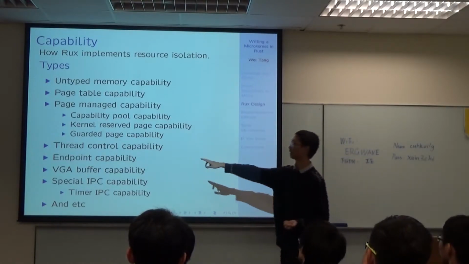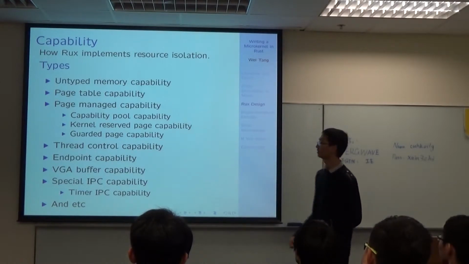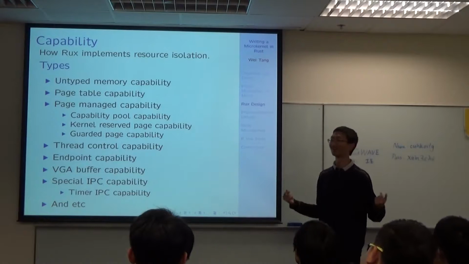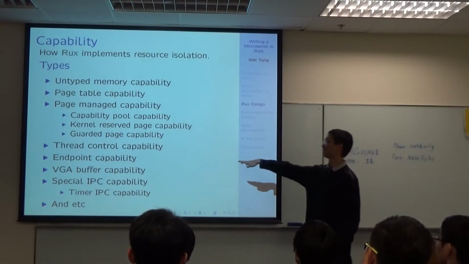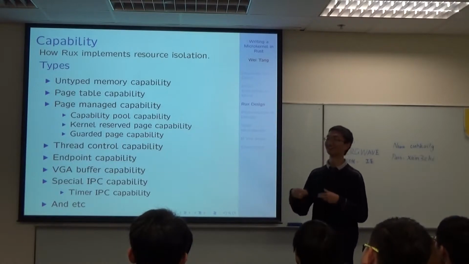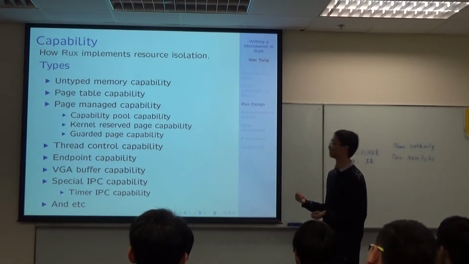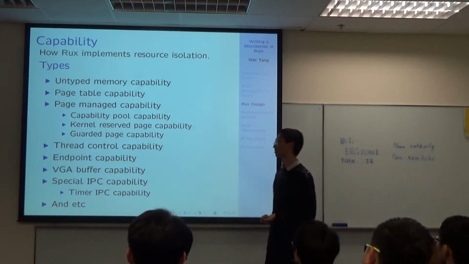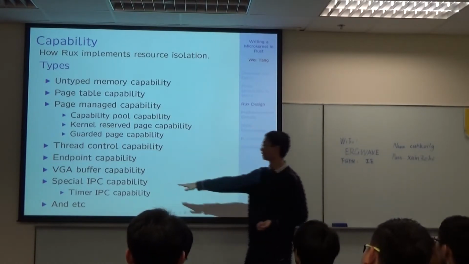And the notification capability, this is for the IPC. And also the VGA buffer capability, this is a hardware-limited capability. So you basically need to write text on the VGA buffer. And also other special IPC capabilities, for example, the timer IPC capability.